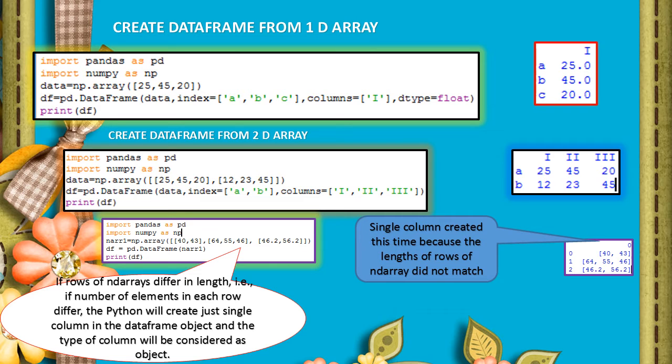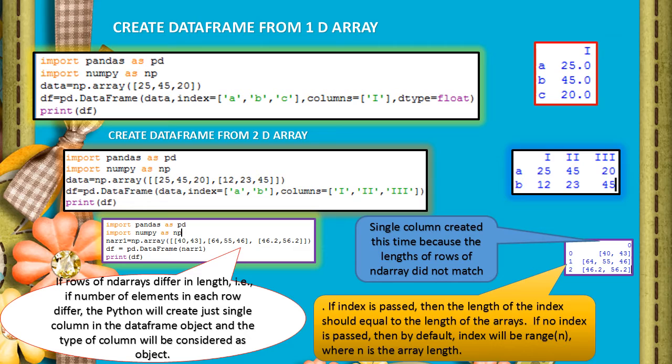It will not come as 2 or 3 columns because the 3 rows have different sizes. See the output, only the 0 column, and the 0th row, the first row, displays the sublist 40, 43, and likewise the 1 and 2 rows also display.